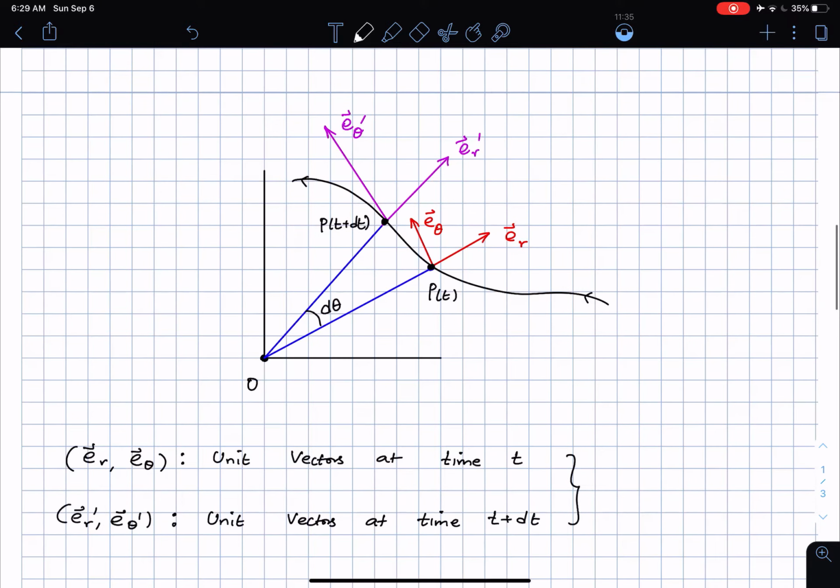It should be quite obvious that the directions of the unit vectors are changing, which means that the time derivative of these unit vectors is non-zero.